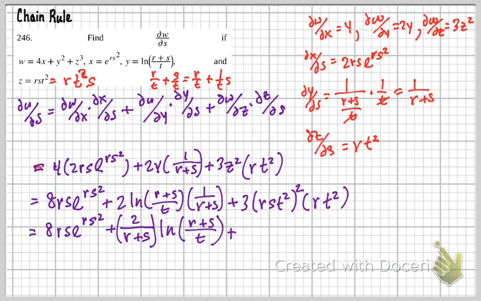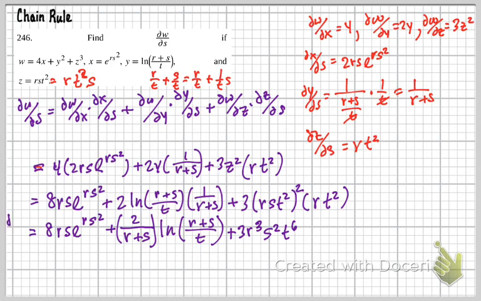Now keep in mind here, I have a squared out here, so everything in there has to be squared. So that's going to be an r squared I'm dealing with times an r, so it's 3r cubed. And then I have this s that's going to be squared, and that's the only one, so s squared. And then my t squared is going to be squared, so it's t to the 4th, so t to the 6th. So there's our actual answer for this one here.